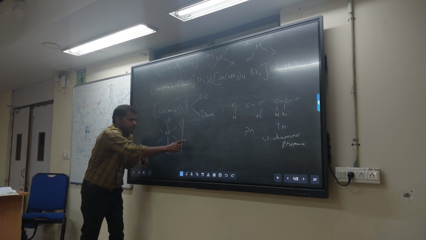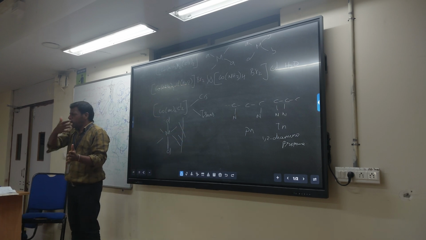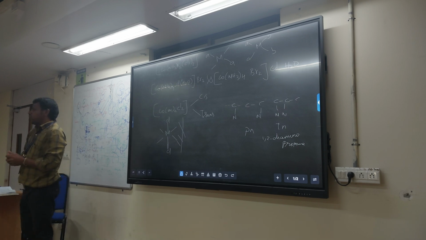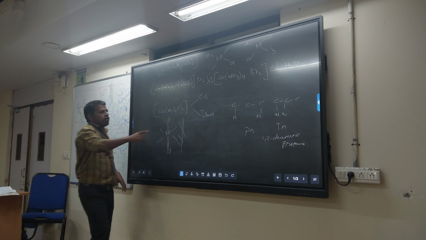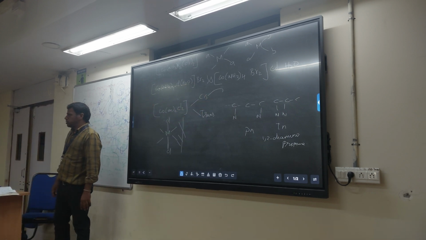If you keep the mirror here, the same Cl positions are top and bottom only. Then how to distinguish the d and l isomers? So normally cis complex shows the optical isomerism. So you tick the option: cis complex shows the optical isomerism.